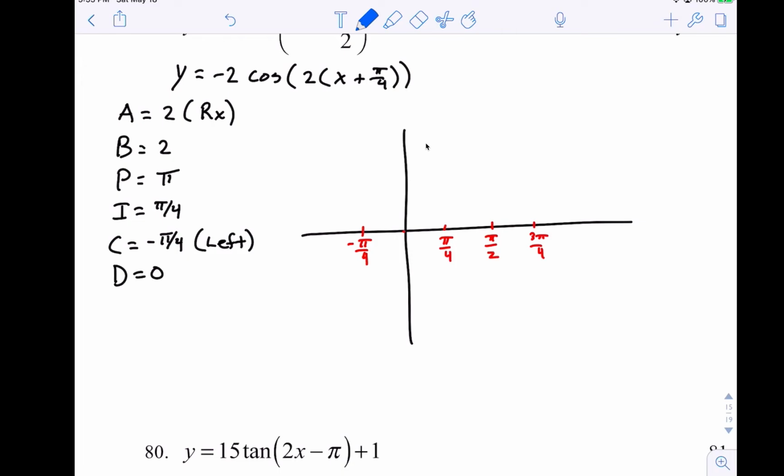So my amplitude is 2. So I'm going to go up to 2, down to -2. All right, so your first value is a low point. So that's low, axis, high, axis, low.